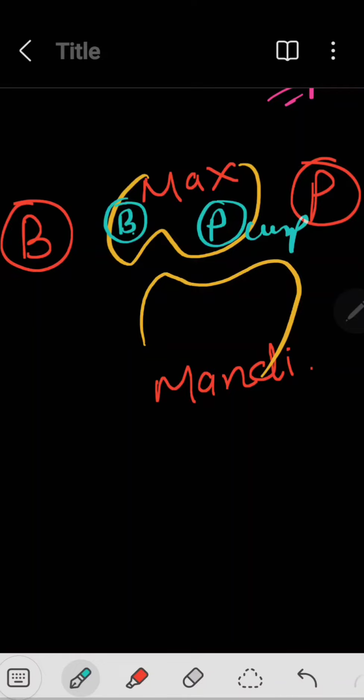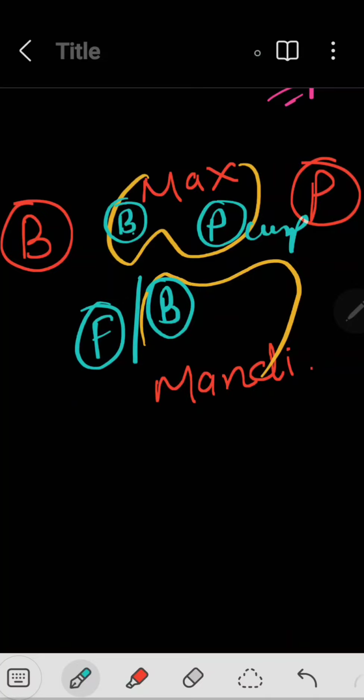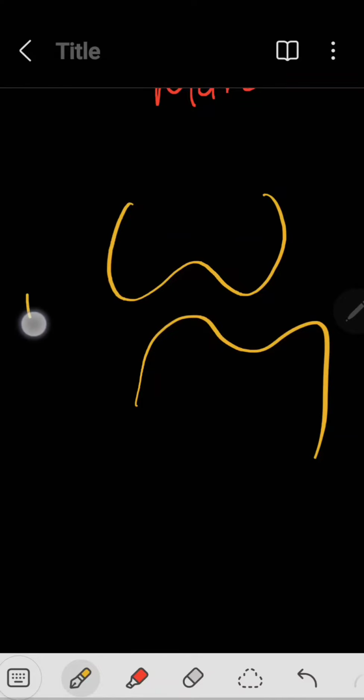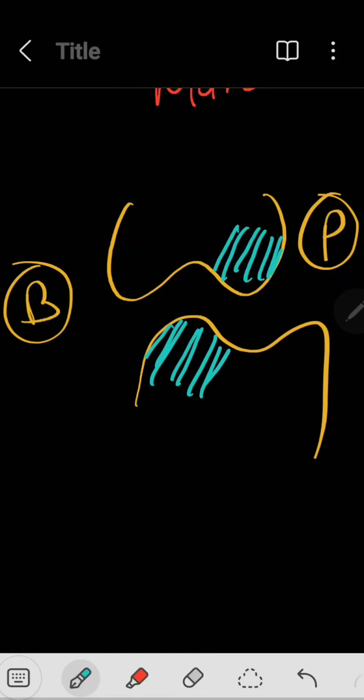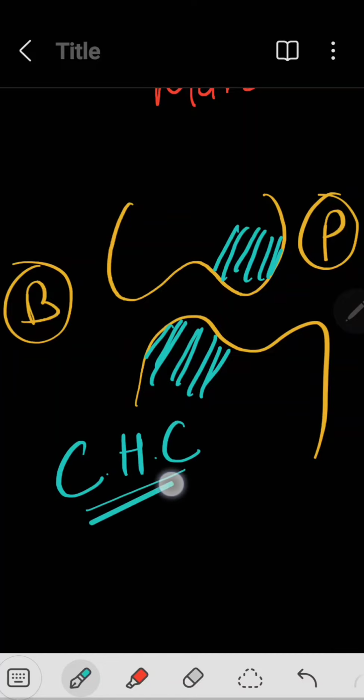The palatal cusp of maxillary teeth and the buccal or facial cusp of mandibular teeth, these are called centric holding cusps.